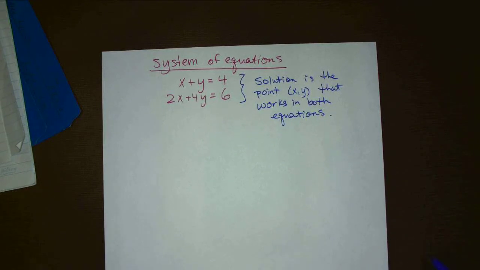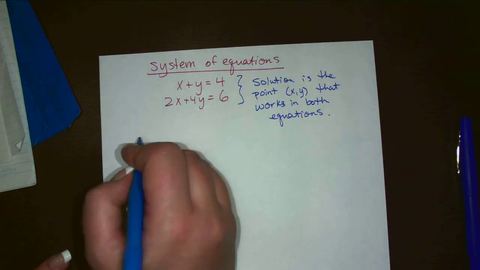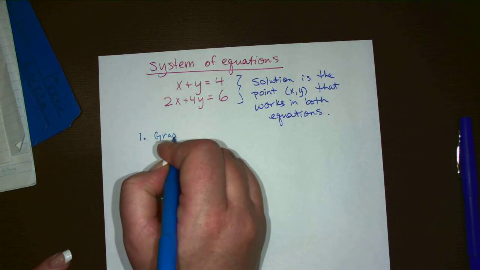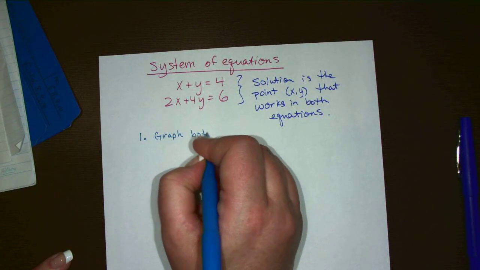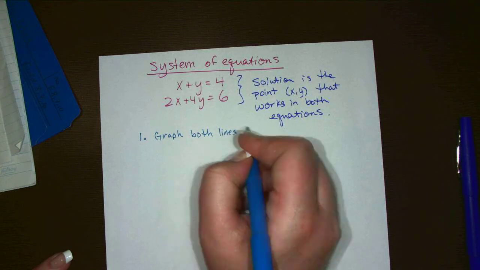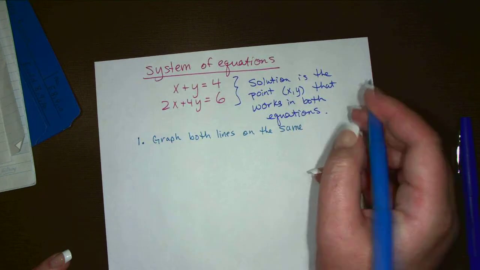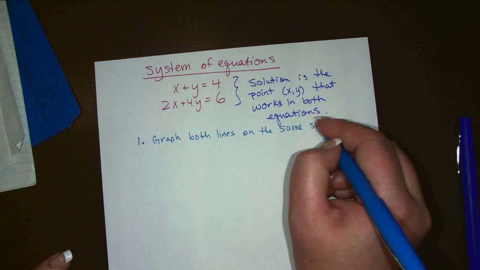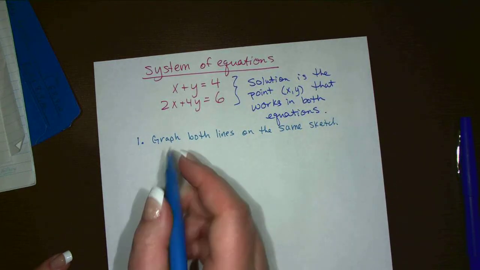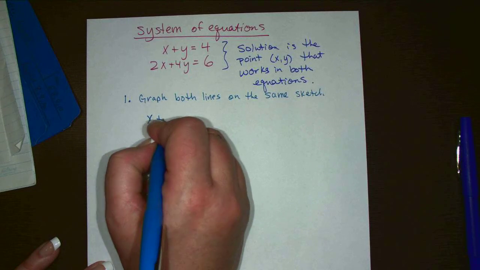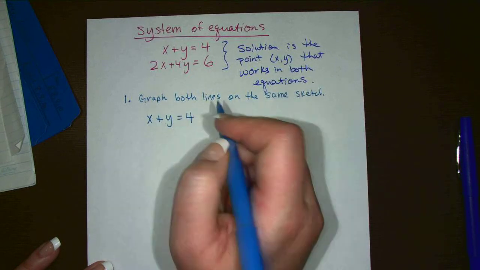So part 1, graph both lines. Okay, so how do we graph a line? So you're going to take our first line, x plus y equals 4. So step 1, find the x and y intercepts, or any 2 points.